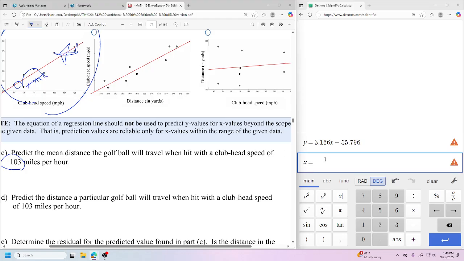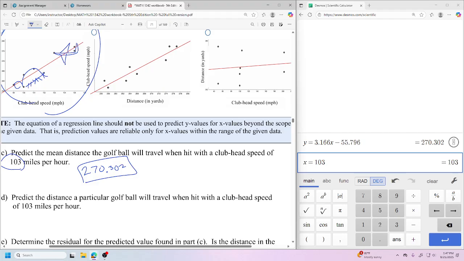So do 103, and I'm done. It is just that easy. If you're more algebraic, and you've done Desmos before, this is really easy.